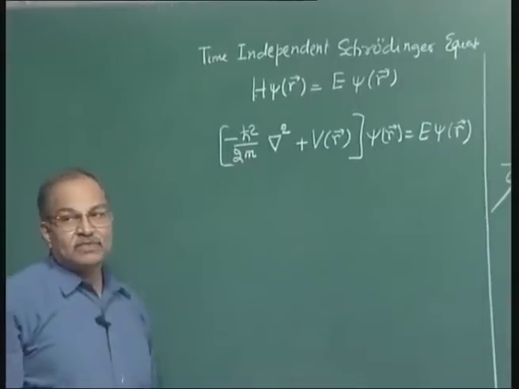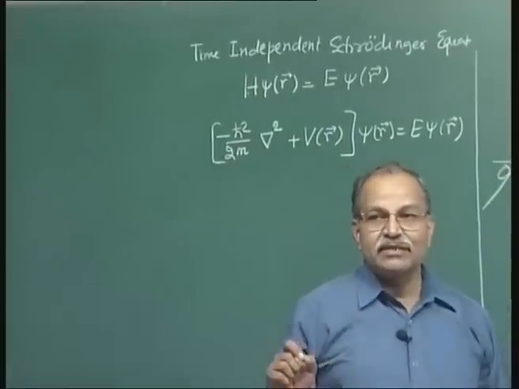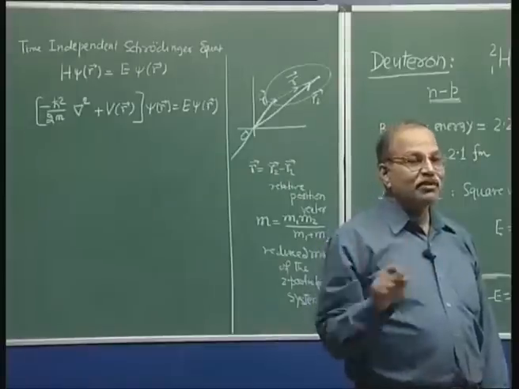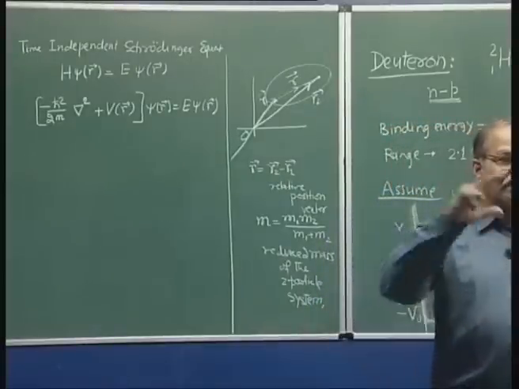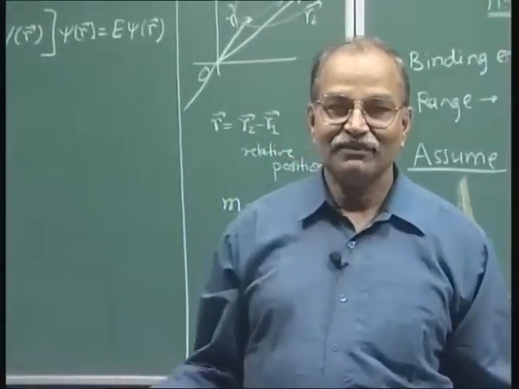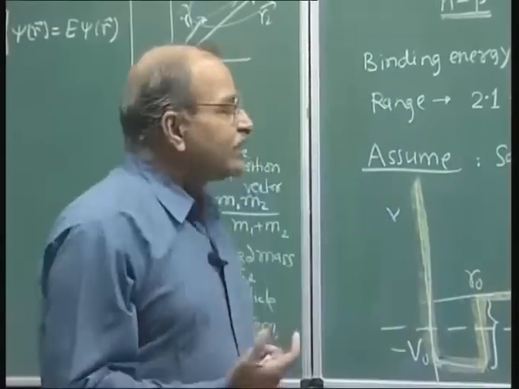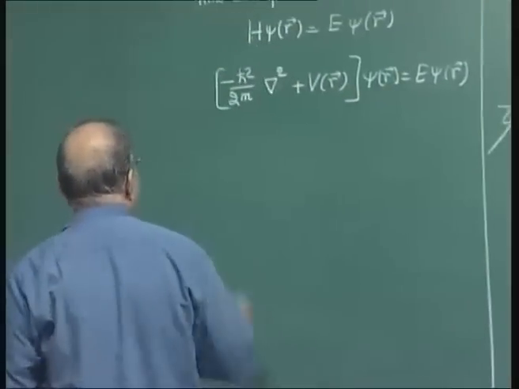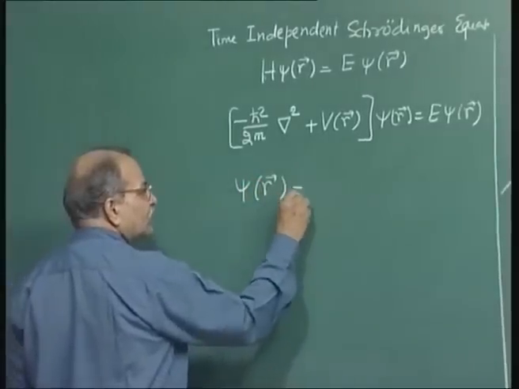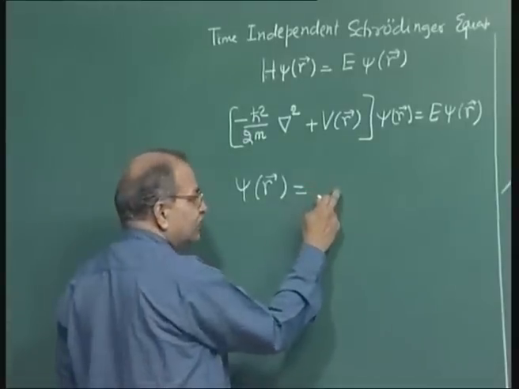And if it is a central potential, where the potential energy term V as a function of position vector r does not depend on theta phi, it is spherically symmetric, the same in all directions, in that case this wave function very nicely splits into two parts. The psi of r can be written as a radial part depending only on r, not theta phi.